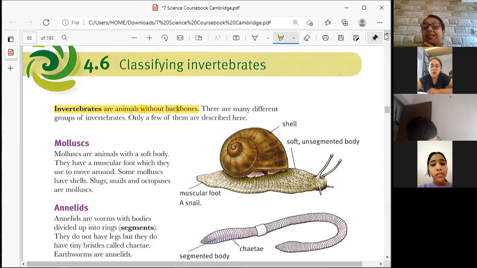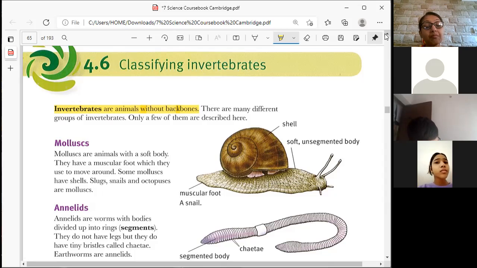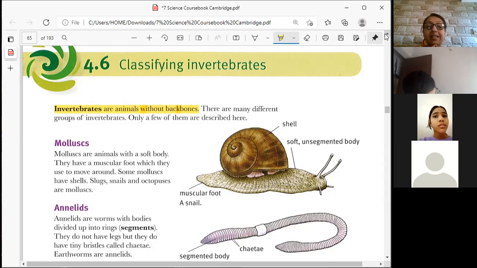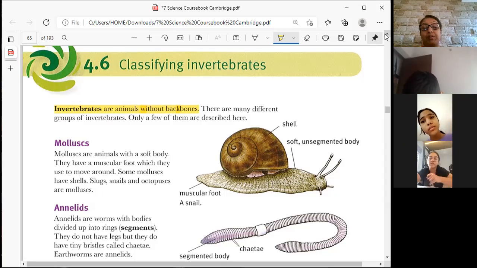It is not a defined limb, but just a muscular foot that they use to move around. Some molluscs have shells. Slugs, snails, octopuses all come in this category of molluscs.